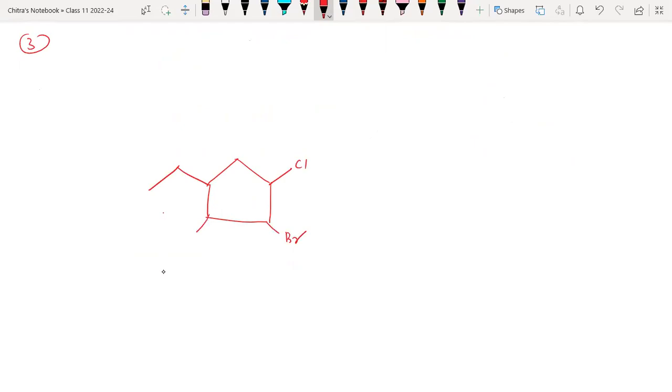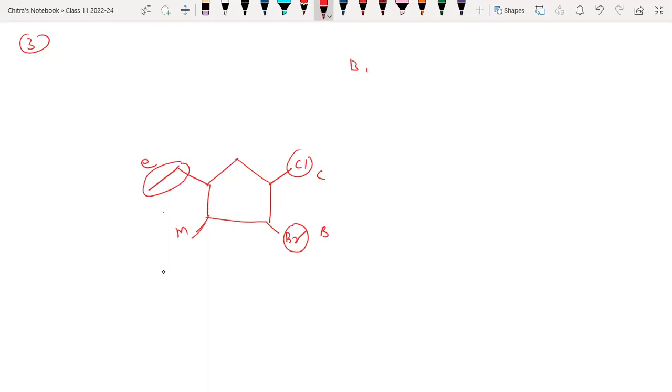Okay, so this group has 2 carbons, so it is an ethyl group. It will start from E. Here we have CH3, so it is a methyl group, which will start from M. Bromine will start from B, and chlorine will start from C. Okay. So sir, I think the name would start from B, bromine.